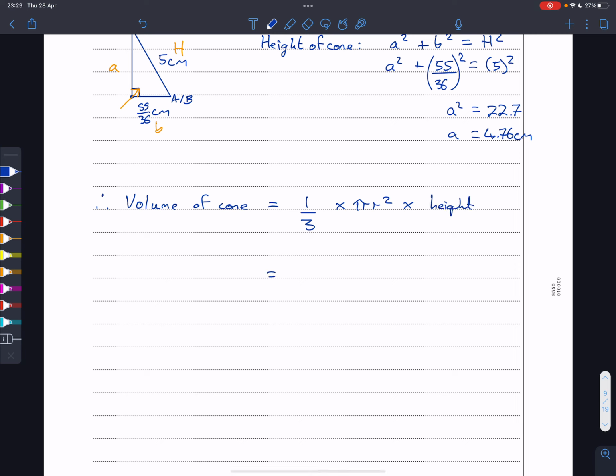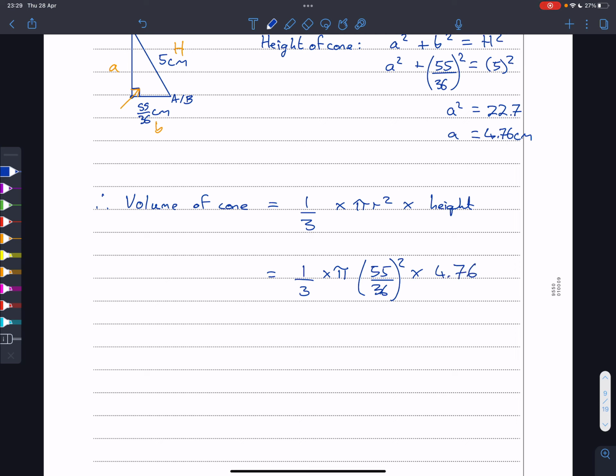If we put in all our information, 1/3 times pi, lots of 55 over 36 squared, times the height, which I've just worked out above, 4.76.